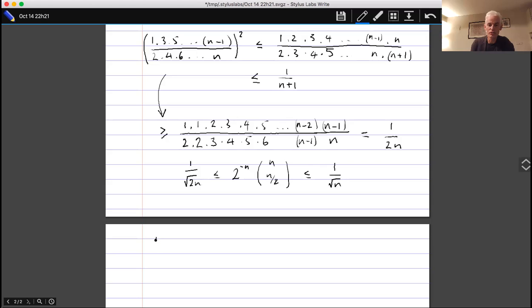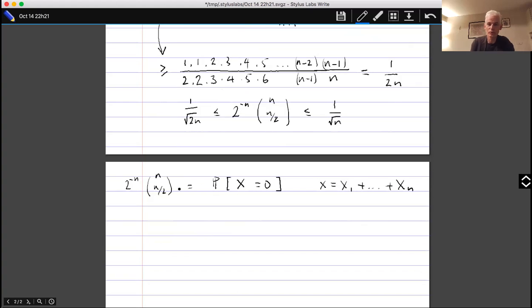So what is n choose n over 2 times 2 to the minus n? It's the probability that a certain random variable is 0, and that's when the random variable is x1 plus, I'm just writing down what a random walk is, a one-dimensional random walk.